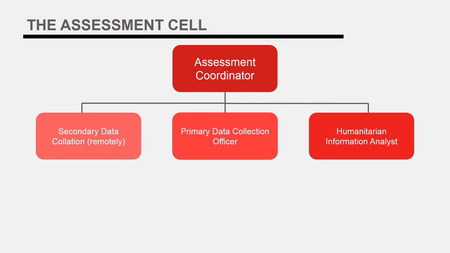Secondary data collection is often a task that is well suited for remotely located staff, as they can access a vast number of data sources and bring the data together in one database that the field-based staff can also access.